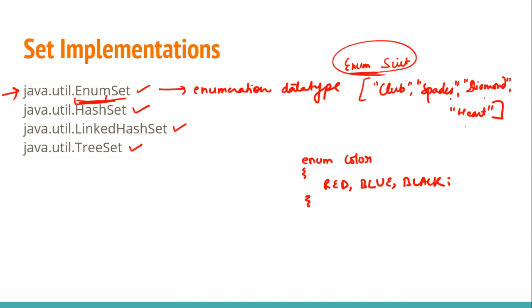All you have to do is say set, let's say dummy is equal to new enum set, right? Like any other, like you create a list, or you create a vector, or you create a stack, creation of an enum set is also simple like that.